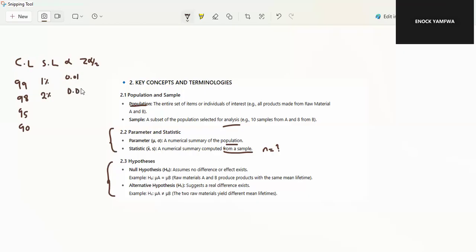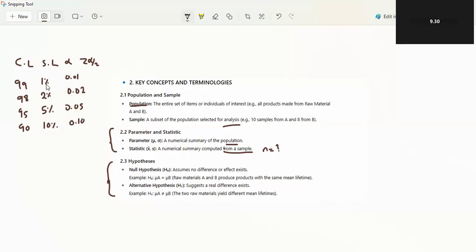About 95%. 5%, or 0.05. About 90%. So 10%, or 0.10.